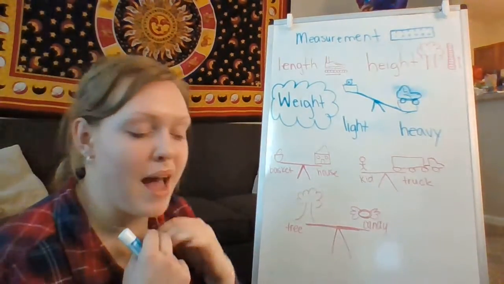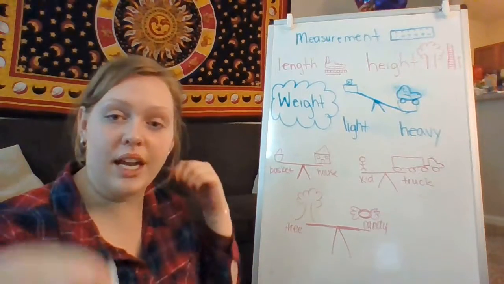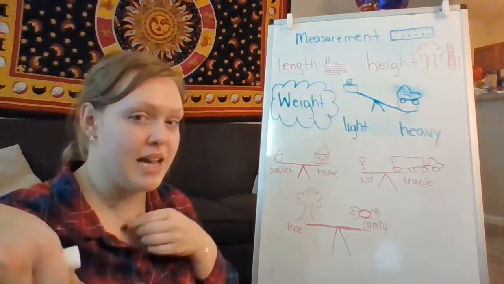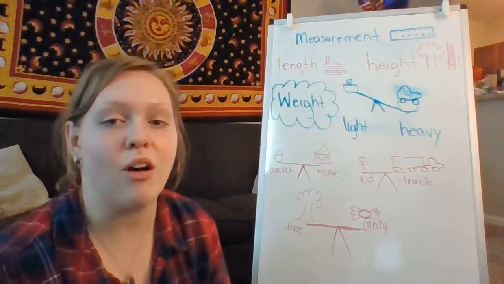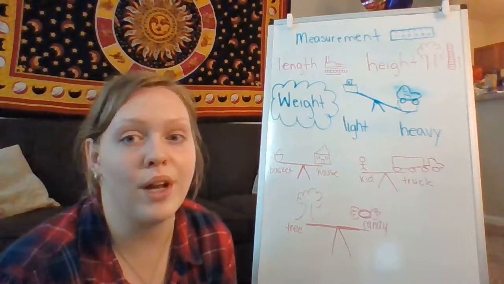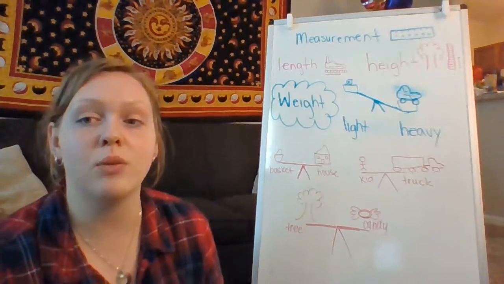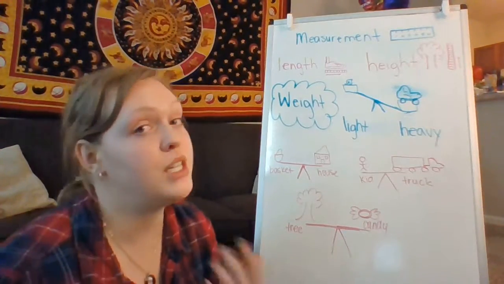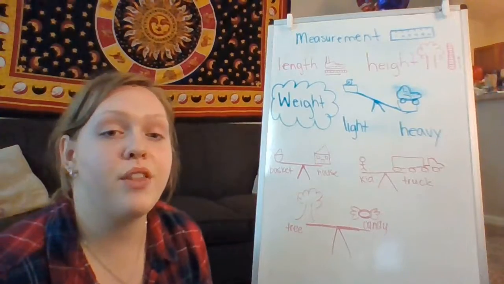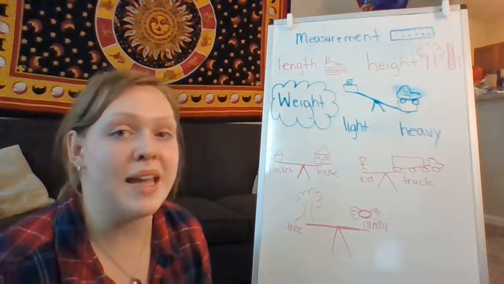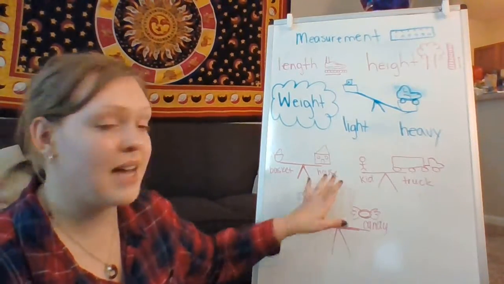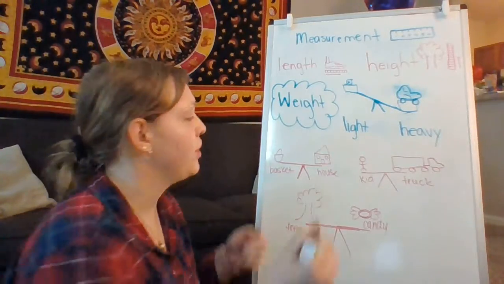If you think about a basket, you can hold it in your hand. It's pretty light. Think about a house. You're probably sitting in one or an apartment, and you probably couldn't pick it up, could you? No. So if we think about weight, which one would be heavier? We would say the house is heavier.